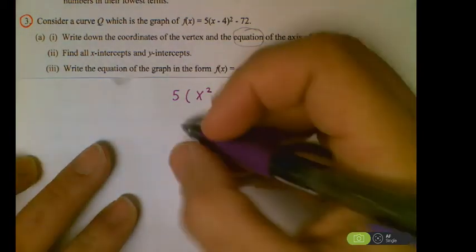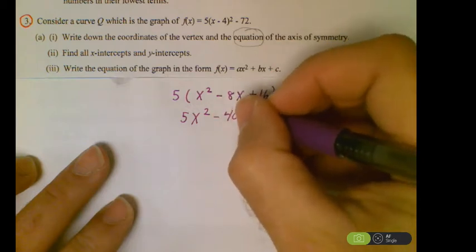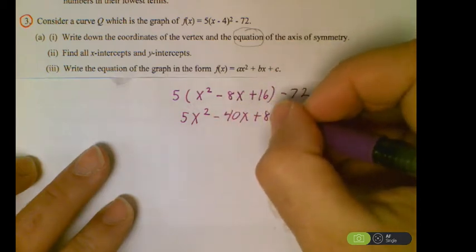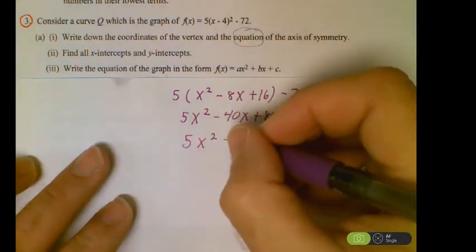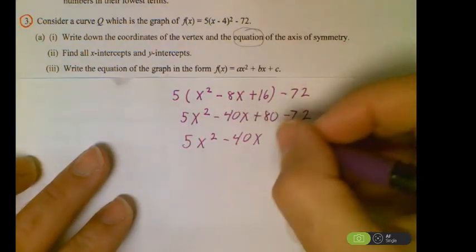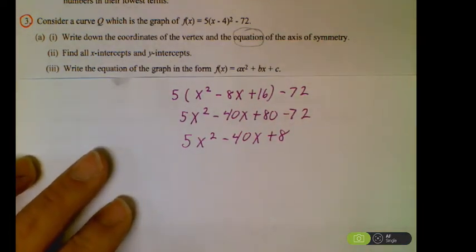So bring in the 5, subtract the 72. So now we got into that format that they're asking for.